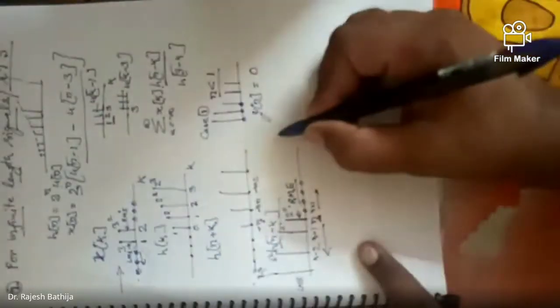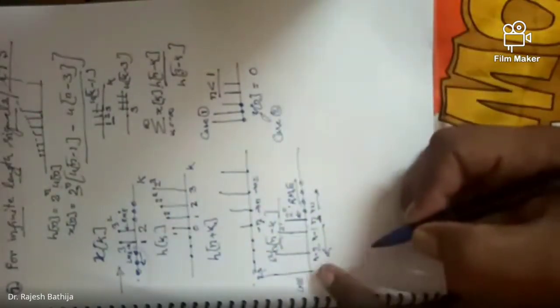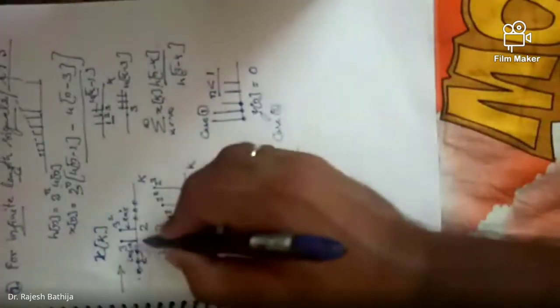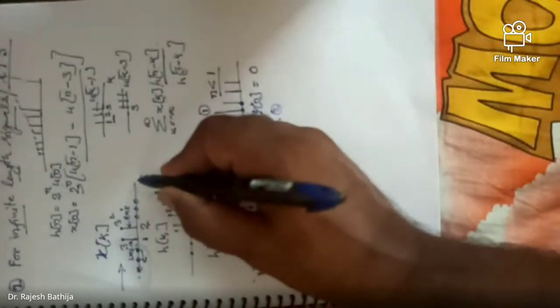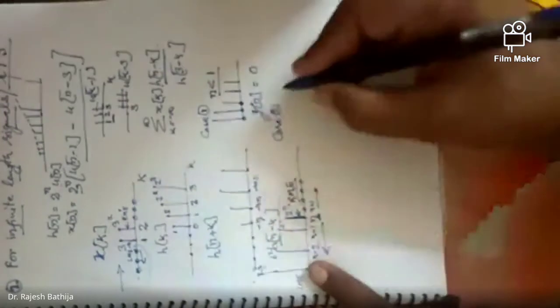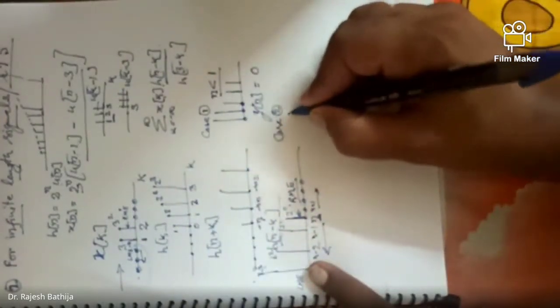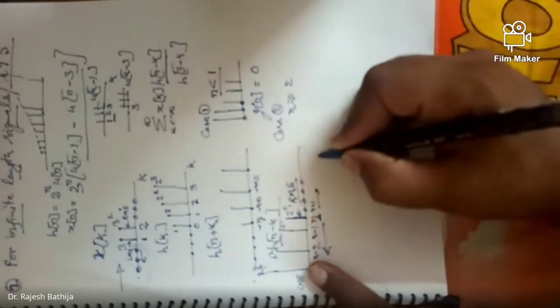Now, in the second case, what I will do, I have to substitute this in between this, either on this one or on this two, but not beyond this, right? So what will be the condition in this case? This condition will be like this: n is greater than equal to 2, right?